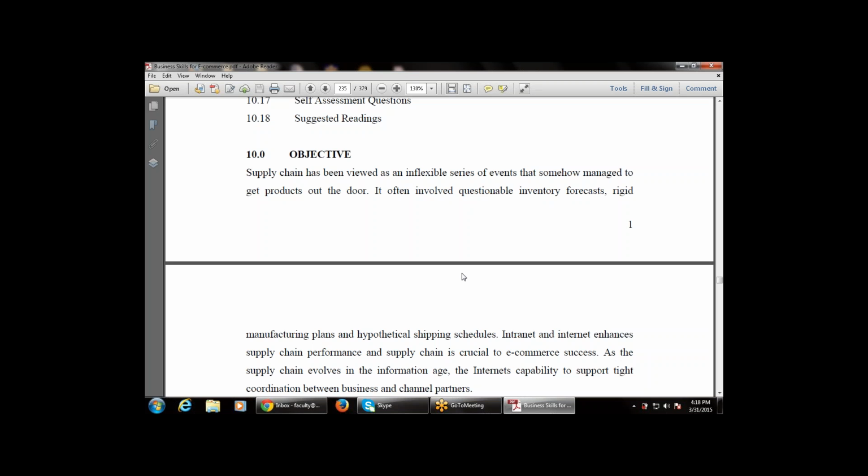As the supply chain evolves in the information age, as its demand in the IT field increases, the internet's capability supports tight coordination between business and channel partners.